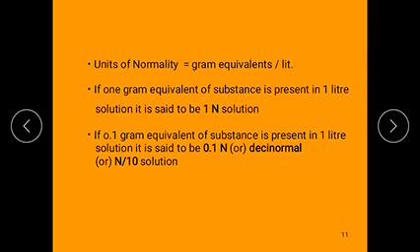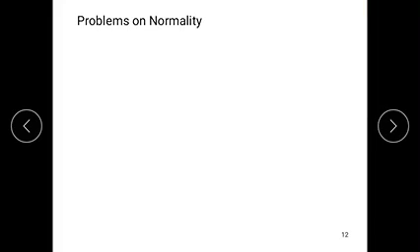If 0.1 gram equivalents of substance present in 1 liter of solution is said to be 0.1 N or decinormal solution, or N by 10 solution. Simply, if the solution concentration is 0.1 normality, then it is said to be a decinormal solution.